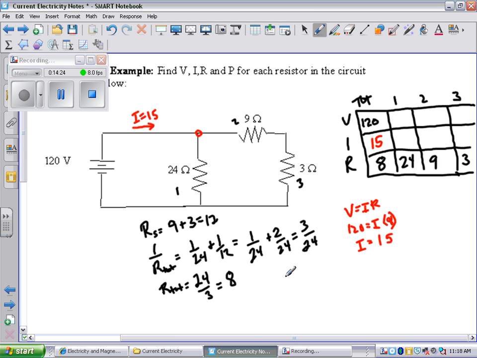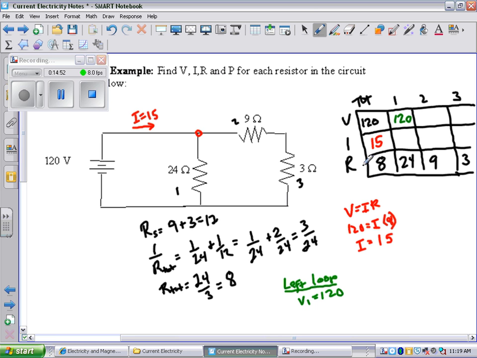For our left loop, we gain 120 in the battery and then lose it all in just the one resistor because there's only the one resistor there. So that just tells me that V1 equals 120. So that was actually very easy. So this is going to be 120.